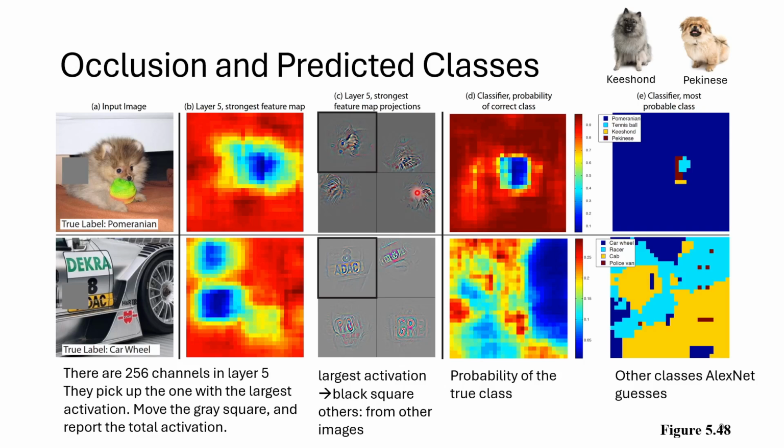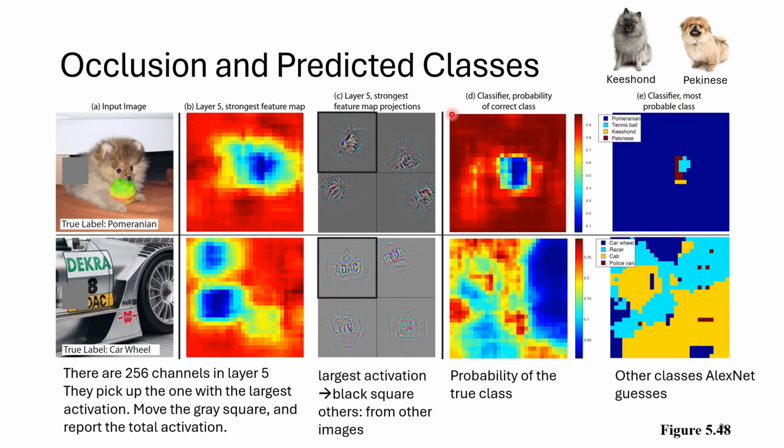And they report another result. When they move the gray square pixel by pixel, how does the location affect the predicted probability? When the block is placed at the left top corner, it doesn't matter.